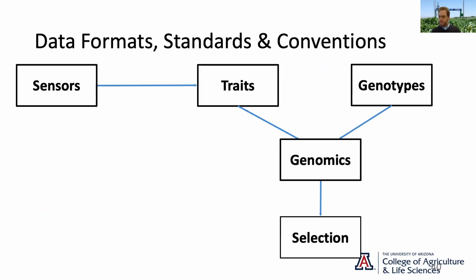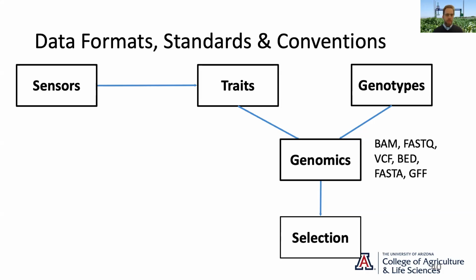The last thing I want to talk a little bit about is the fact that really what enables this is data formats, standards, and conventions. That's what enables interoperability and generality of the pipelines. It was also a major effort within the scope of the TERRA REF project to generate data sets that either adhered to or helped to redefine new standards and conventions.